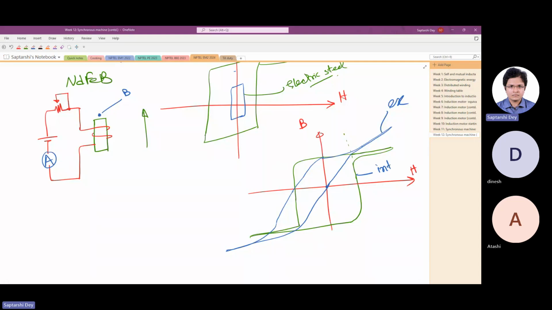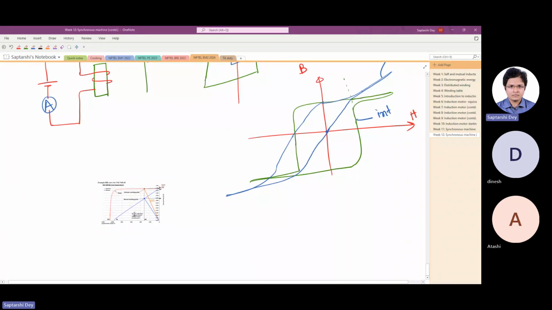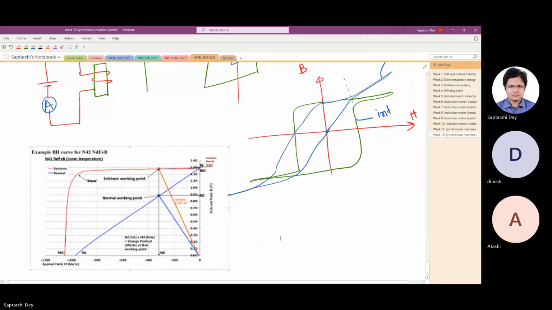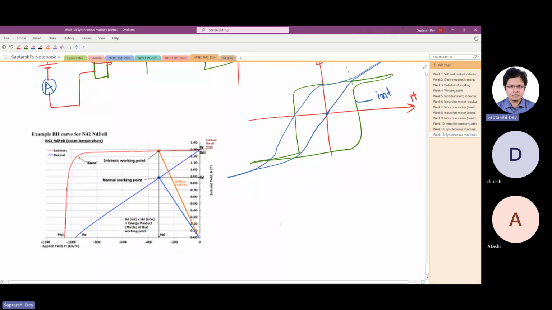I will quickly show you one data sheet of a magnet. Let us see. This is to tell you how to read the data sheet of a permanent magnet. Well, this diagram looks nice. Nothing can be read, not legible, just look at it.